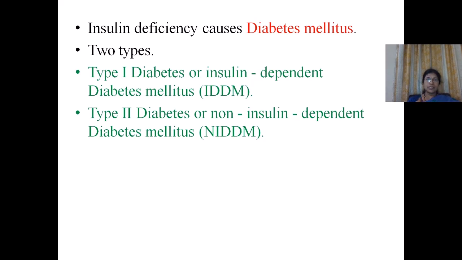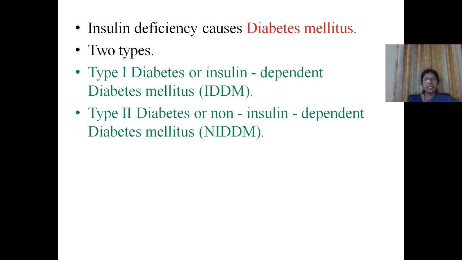Sometimes this condition has proved to be fatal, that means death has occurred in such a condition. And if there is a continual rise in blood glucose level and no treatment is given, the patient may go into a coma and finally death occurs.